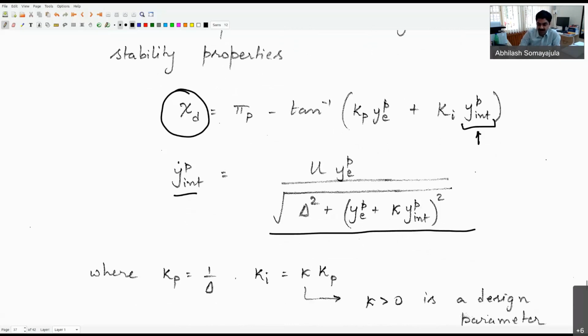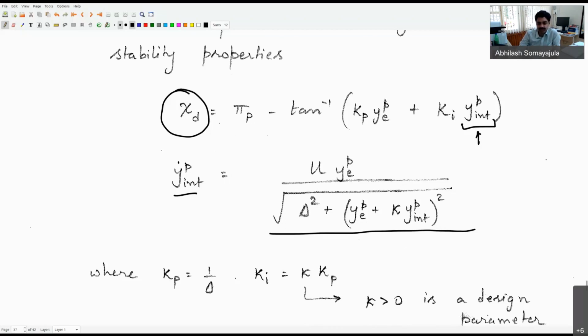Notice that what I'm doing here, I'm taking u times ype divided by square root of the look-ahead distance square plus ype plus some value k times yp int whole square. Where k is a value greater than 0, a design parameter which I can play around with. That will determine how the dynamics of yp int changes over time.